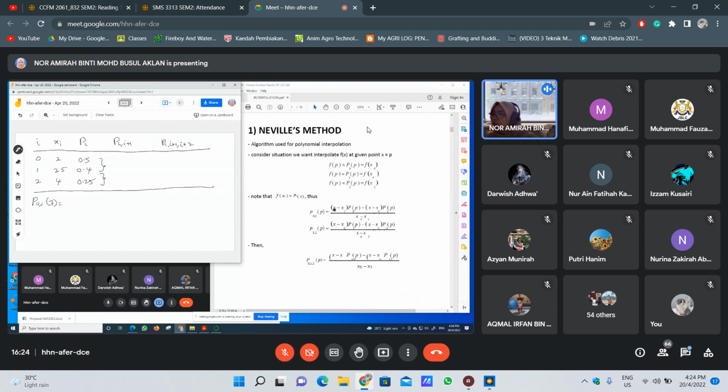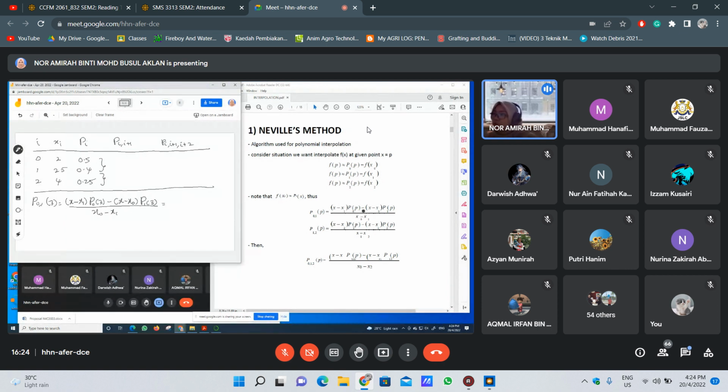The formula adalah x minus x1, P0, P0 3 lah tadi kan. P0 tolak dengan x minus x0 P1, over x0 minus x1. So gunalah ni formula dia.